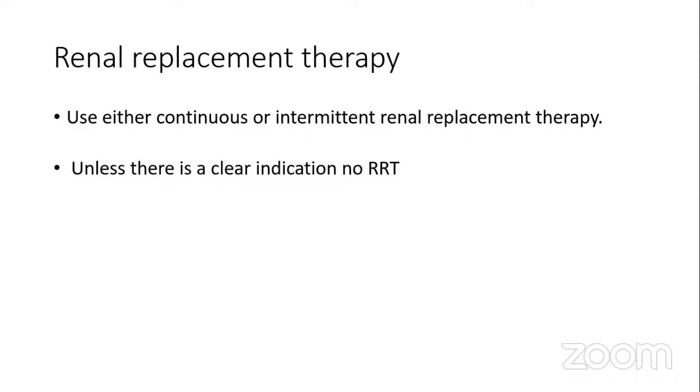Those are the people that you should dialyze. According to the current literature, you can use CRRT or intermittent renal replacement therapy. Apparently, there's no mortality benefit. However, we know that there may be more hemodynamic instability with intermittent than with CRRT.